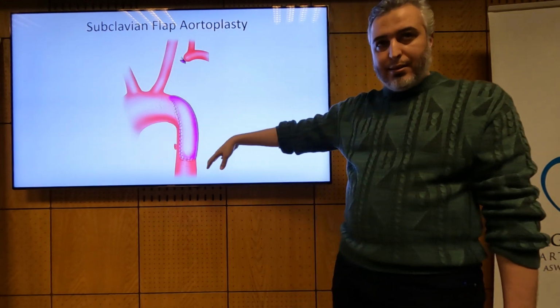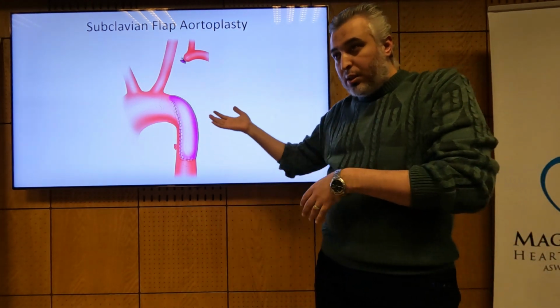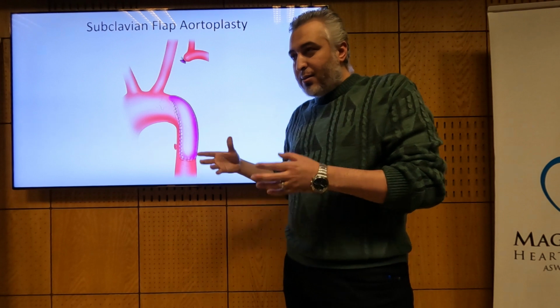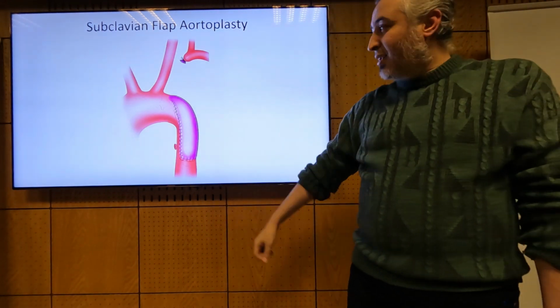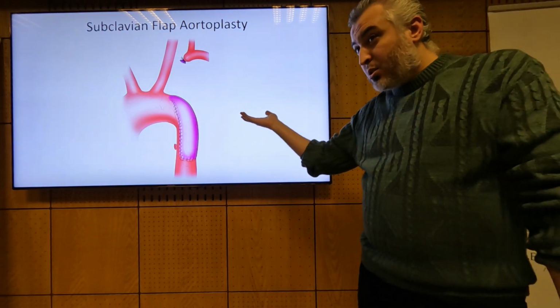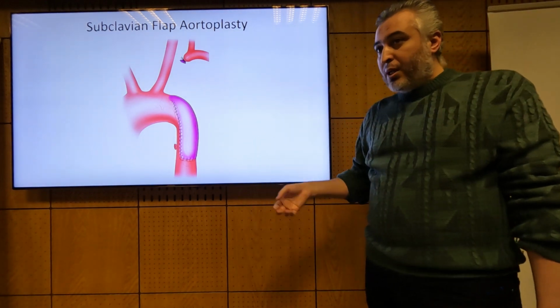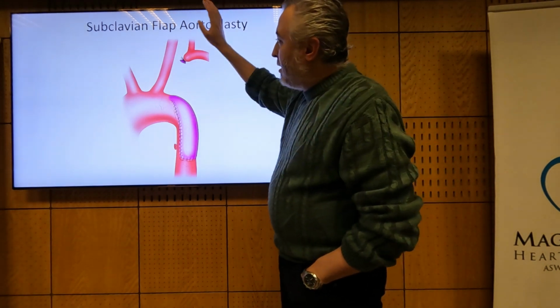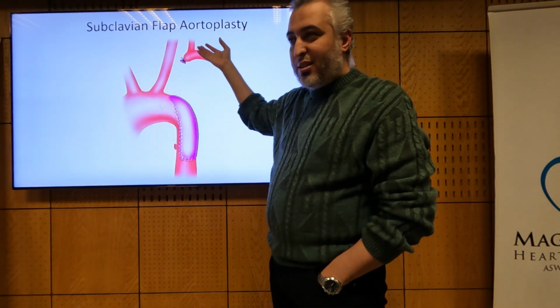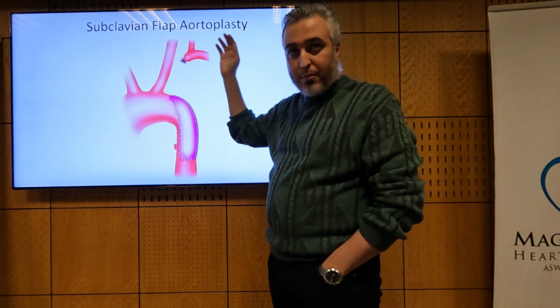So you use the subclavian artery wall as a patch, and then it wouldn't get aneurysm because it is elastic like that. And actually it grows. So there's a good advantage here. On the other hand, the subclavian now does not have supply from the aorta.